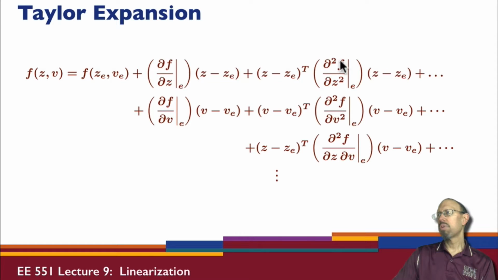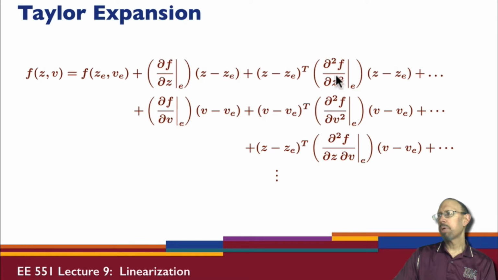Then I have the second derivative of f with respect to z. Here f is a vector function. When I take the partial derivative of f with respect to z, instead of being a vector, that becomes a matrix.